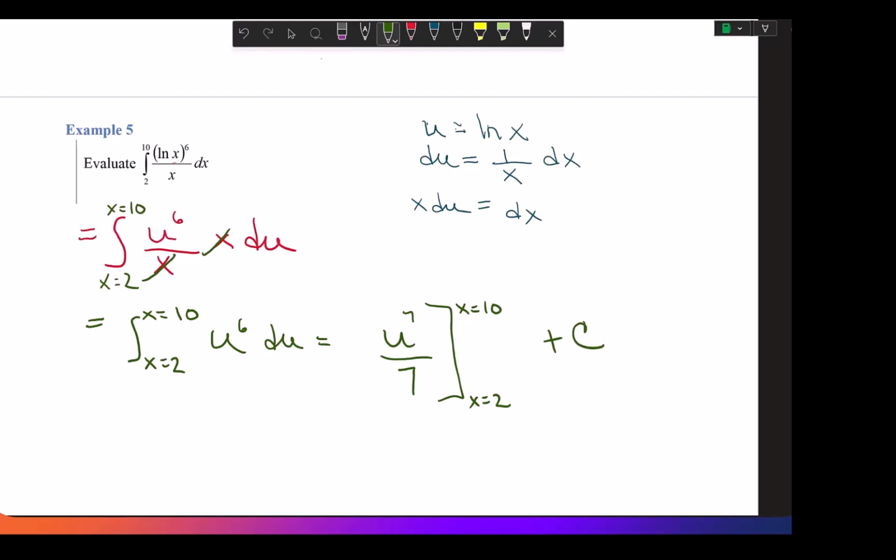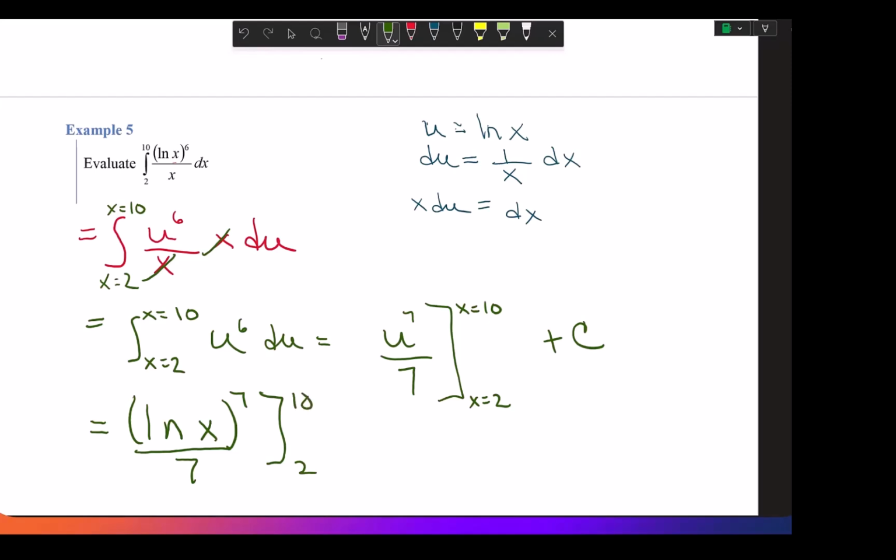And now I can turn u back into ln. So this is equal to (ln x) to the 7th power divided by 7, evaluated between 2 and 10.